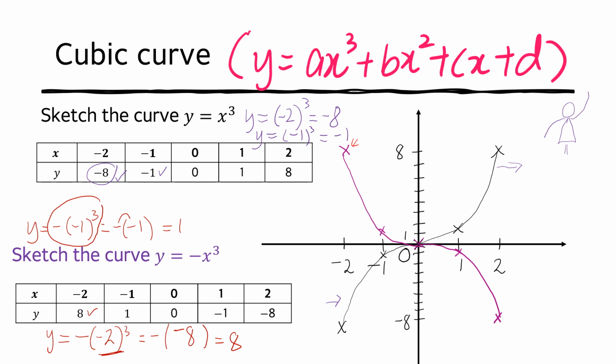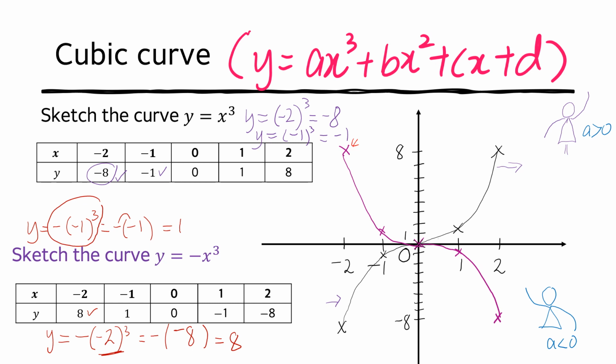Let me try to draw. So this lady now goes this way, one arm up and one arm down. So this is when your a is less than 0, and this is when your a is more than 0. This is how your cubic curve looks when b, c, d are equal to 0.